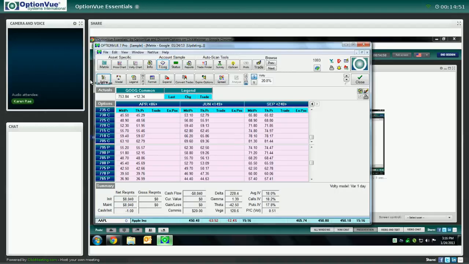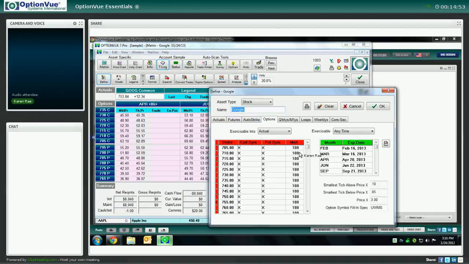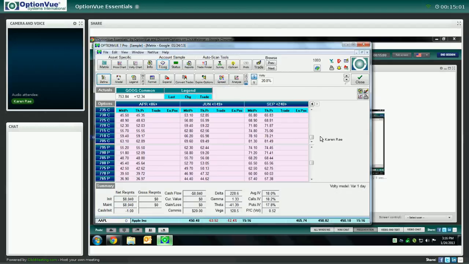So I can say OK, and now my 705 should be my lowest, and my 850 should be my highest strike. So let's just double check on that. I can scroll down here, scroll here. 705 is my lowest call. 850 without the legend on is my highest. And let's check this out.